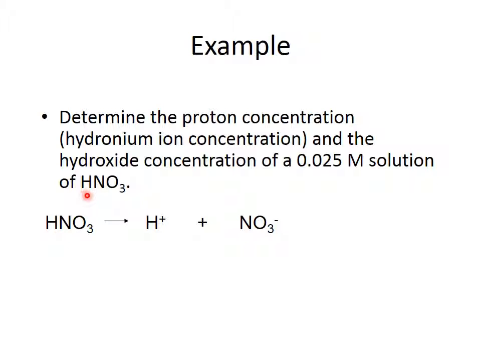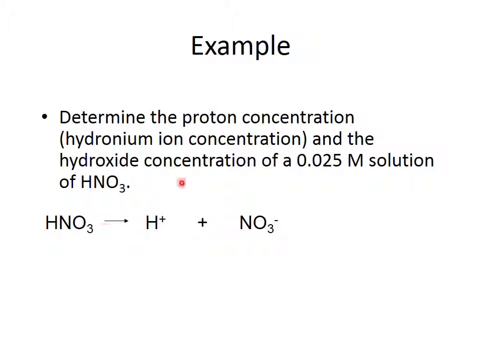Okay, first thing that we have to do is say, well, nitric acid is an acid, so it's an electrolyte. And electrolytes do what in water? They dissociate. So here's nitric acid. What is it going to make? It's going to make protons and nitrate. So if I have nitric acid in water, it's making a bunch of this.